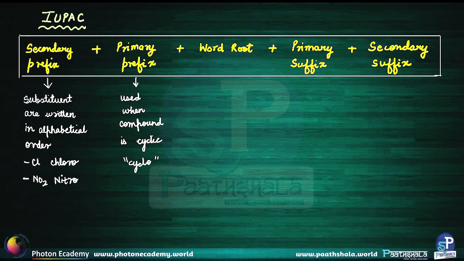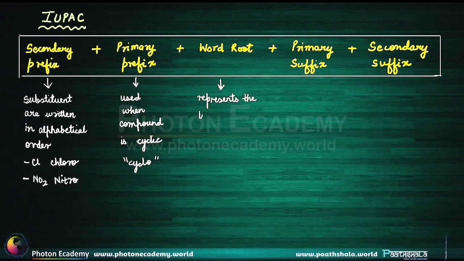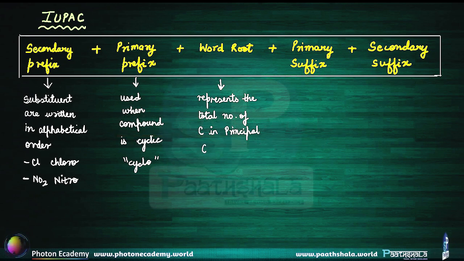The word root is used to represent the total number of carbon in the principal, that is the main, carbon chain. And we know for 1 carbon we use meth, 2 carbon eth, 3 prop, and so on and so forth.